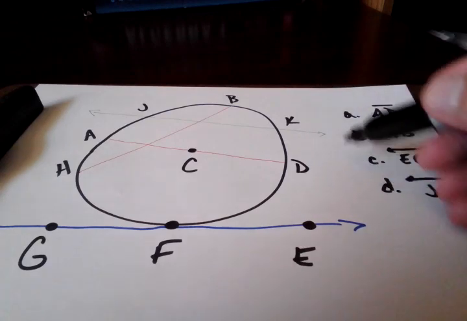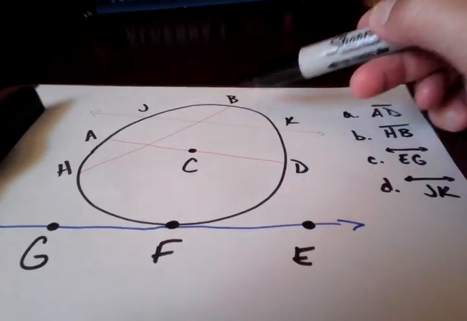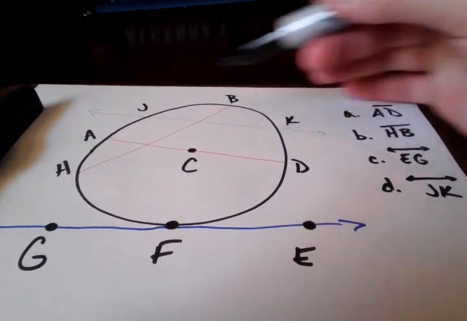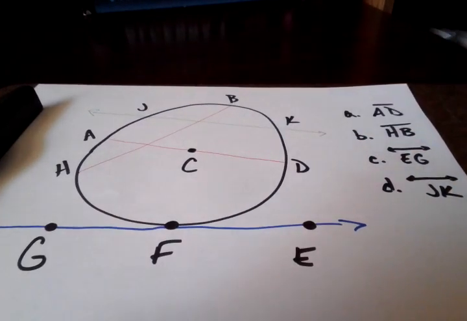This is close to a chord. HB was a chord, but it starts and stops on the circle. JK doesn't just start and stop, it goes through the circle. So we're looking for a line that touches the circle twice, and its name is secant. If you're wondering how to pronounce that word, it is secant.